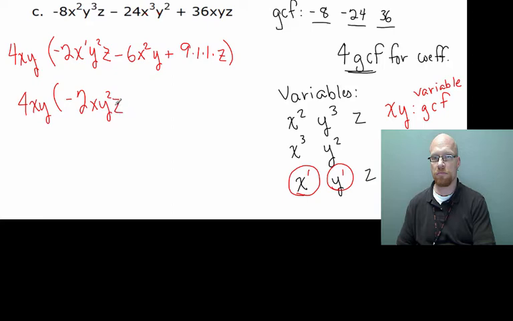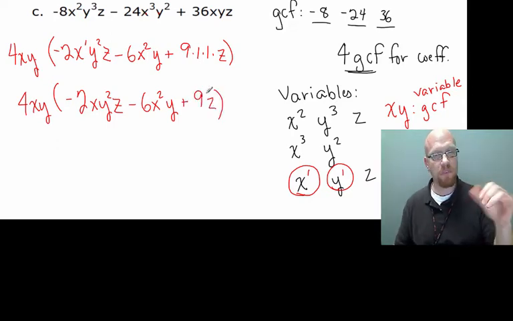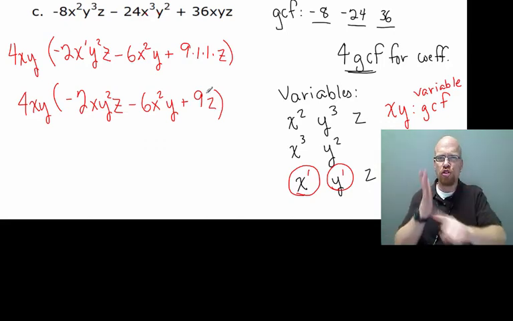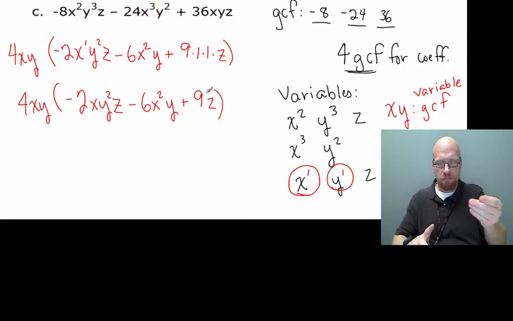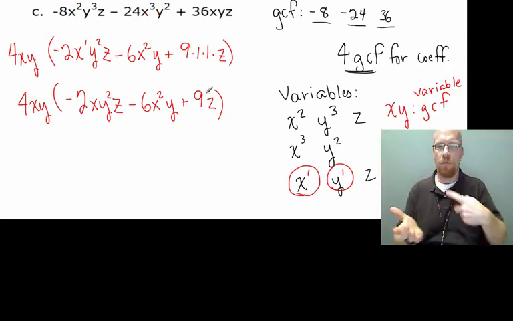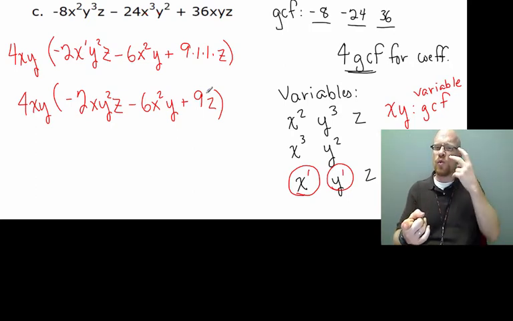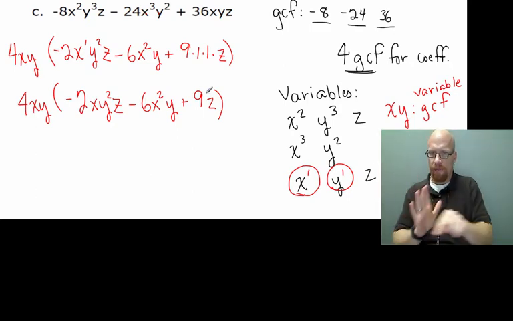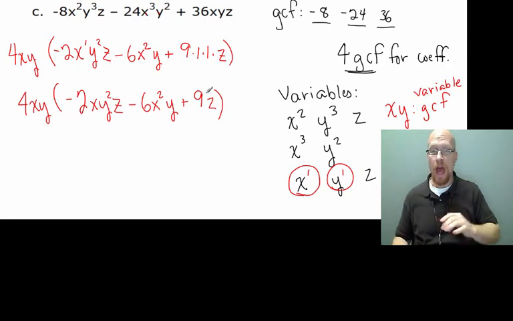So cleaning it up, we have 4xy times the quantity negative 2y squared z minus x squared y plus 9z. And that's our answer. And we would check it by distributing the 4xy over the whole polynomial there.